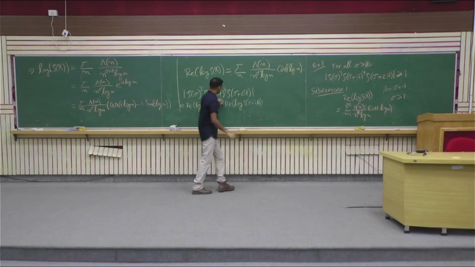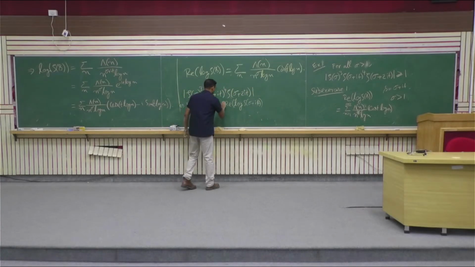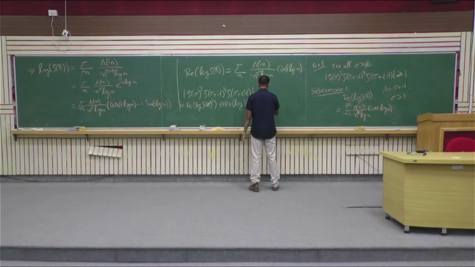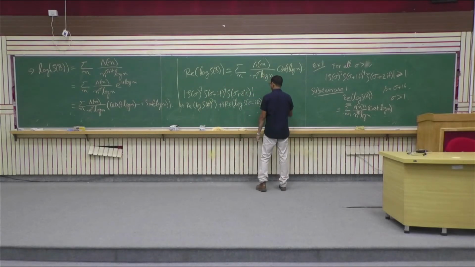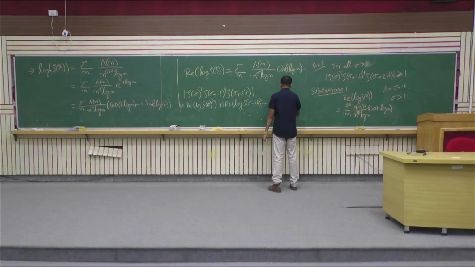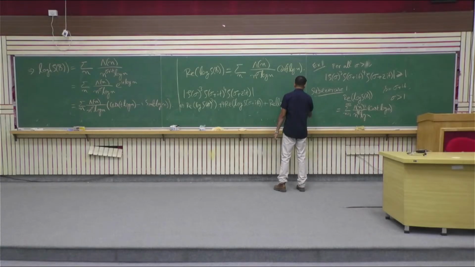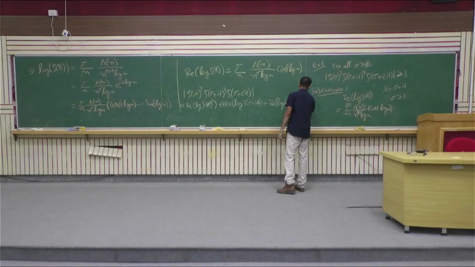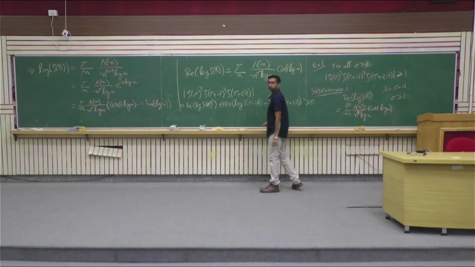The power 4 can just come out, so it would be 4 times this, plus the real part of log of zeta of sigma plus 2it. This thing is greater than or equal to 0, right? Just have to show this.